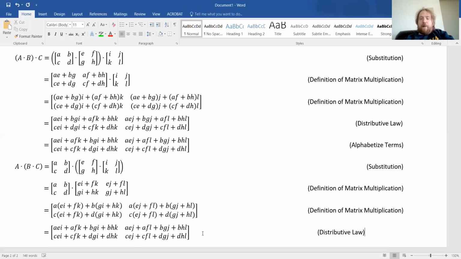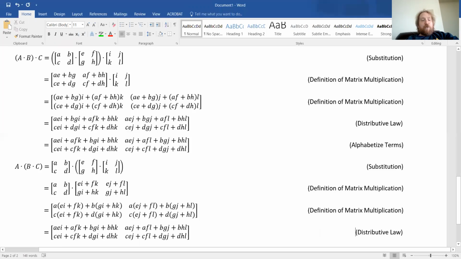Now, if you look at each of the four entries, you will see that the terms in each of the entries are already alphabetized. So we can check. AEI, AFK, BGI, BHK. AEI, AFK, BGI, BHK. They match. AEJ, AFL, BGJ, BHL.